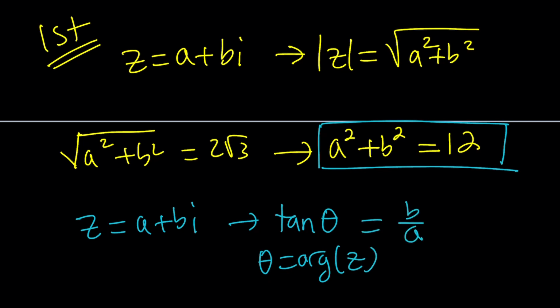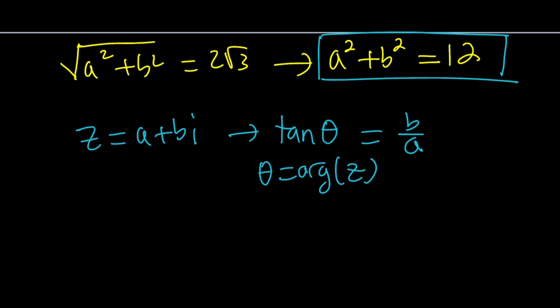This is the general form. Of course, we can also use tan inverse or arctangent, but you got to be careful with that because there are two angles between 0 and 2 pi whose tangent equals a given number. You also have to take care of the quadrant.